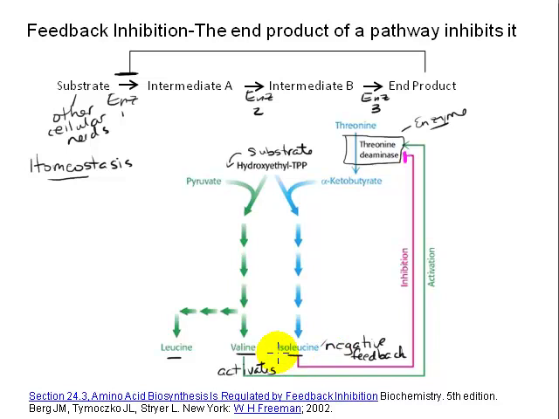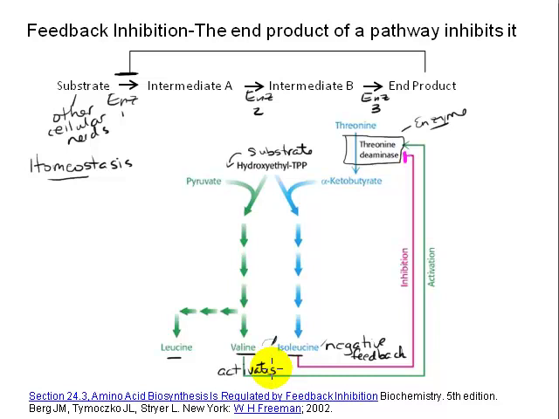Valine activates the enzyme because it can bind to the same allosteric site and block isoleucine from binding. But when valine is bound to the distal site, the active site of the enzyme is still able to bind threonine and initiate catalysis. So essentially, valine is an activator because it inhibits an inhibitor. This type of crosstalk and cross-regulation is really common in cells.